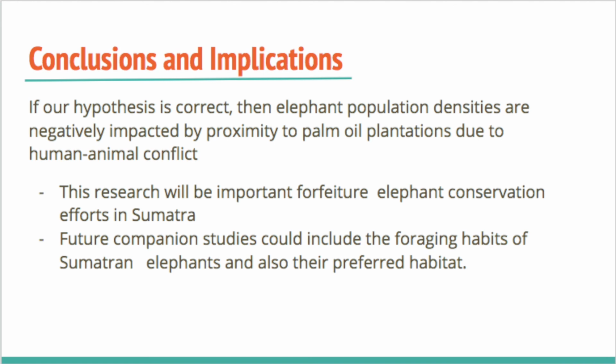There can also be future companion studies that go deeper into other details about Sumatran elephants, like the foraging habits they have and also the preferred habitats, which will all lead to their better conservation.